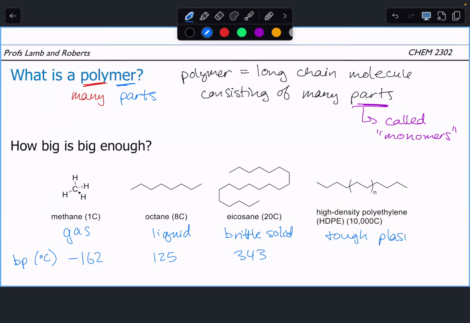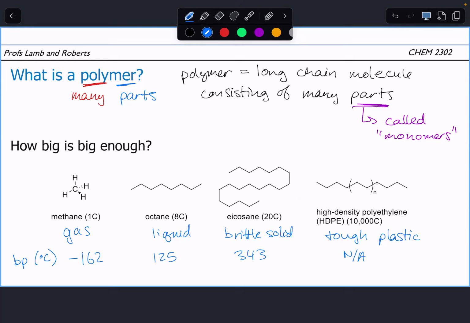So this would be considered a polymer. And really, there isn't a boiling point for these types of very long chain molecules, because before it boils, it's going to decompose or burn. And so you can't boil them. They're too large.